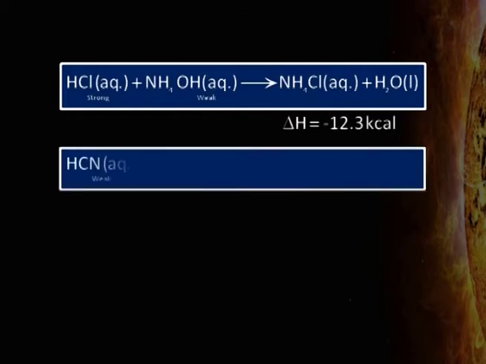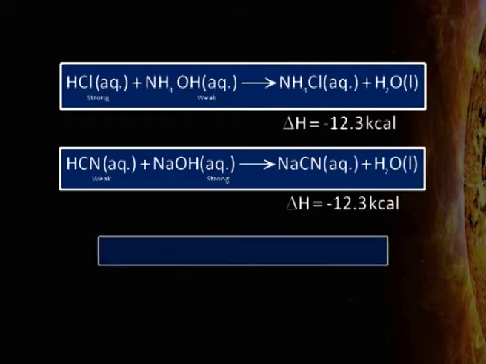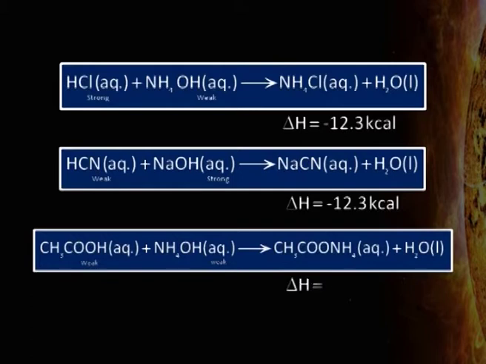If HCN aqueous, which is a weak acid, plus NaOH aqueous reacts to give NaCN aqueous plus H2O, delta H of reaction is again equal to minus 12.3 kilocalories. If CH3COOH aqueous plus NH4OH aqueous reacts to give CH3COONH4 aqueous plus H2O, delta H of reaction will be equal to minus 11.9 kilocalories.